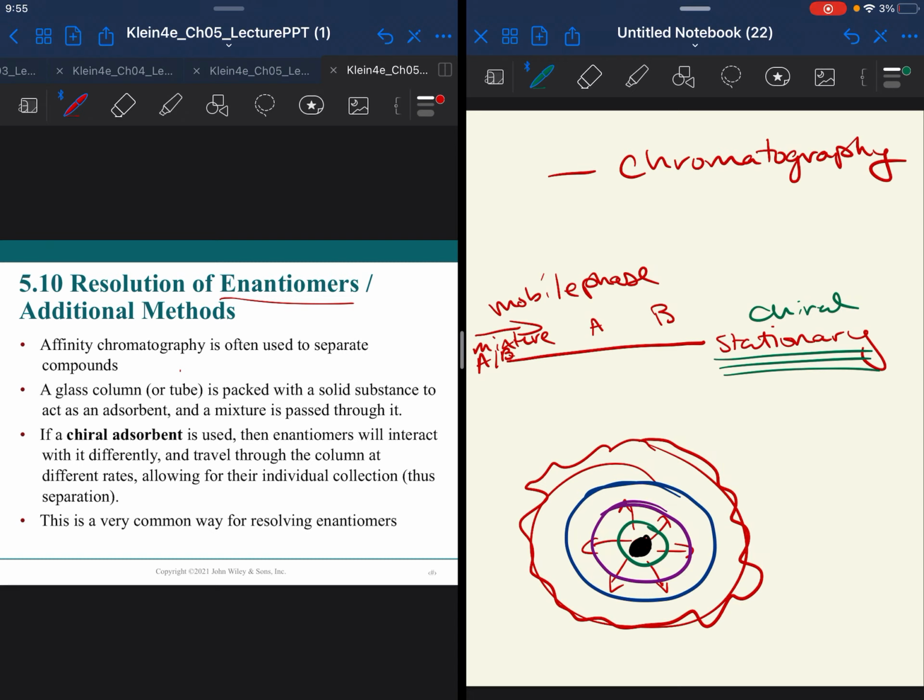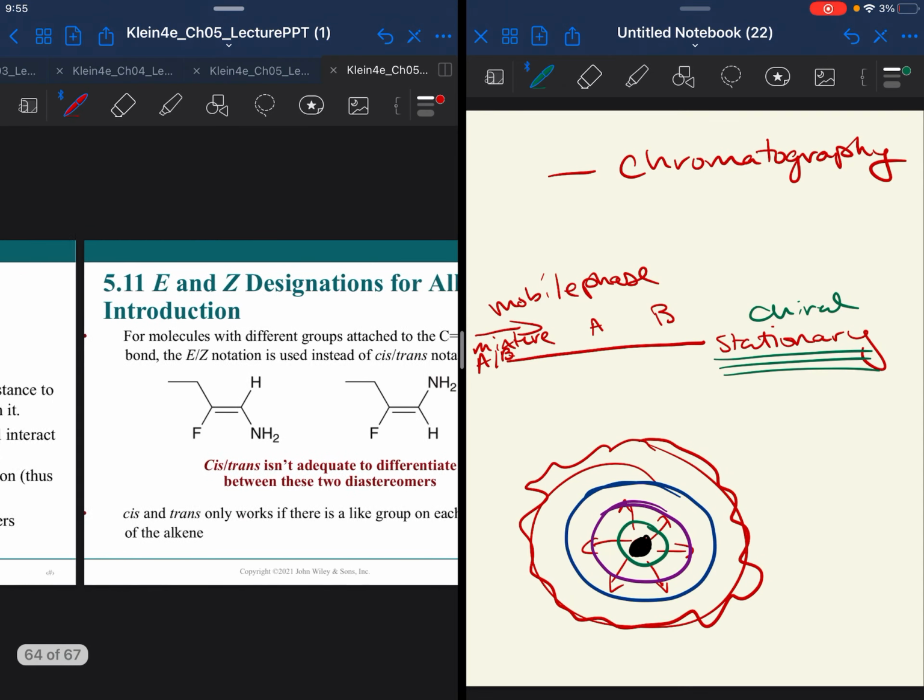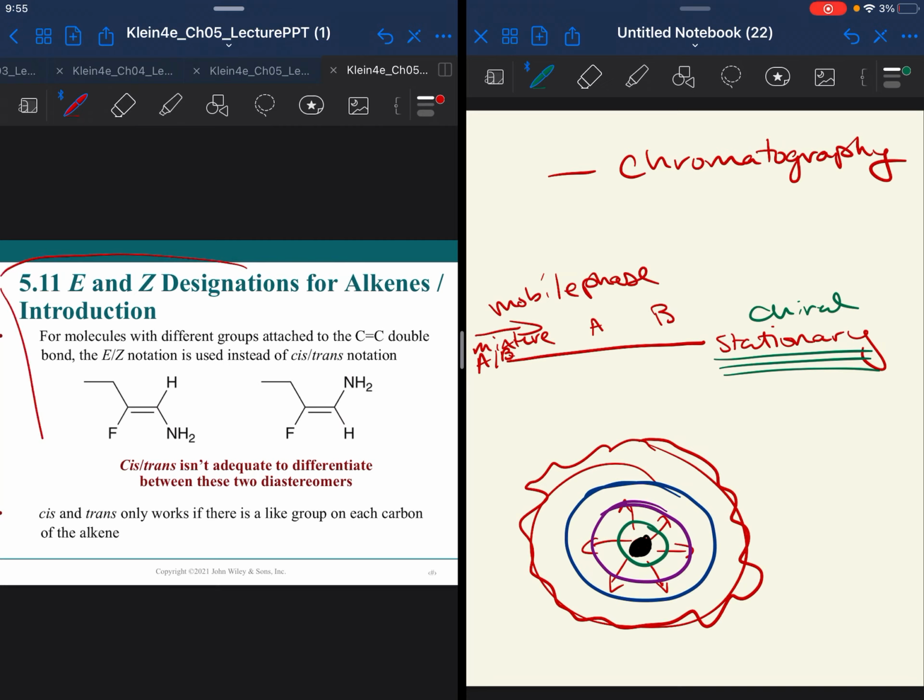And so your enantiomers will spend more or less time interacting with that chiral stationary phase, and you will be able to separate them. That is, if you work with a lot of enantiomers and you need to separate them, chiral chromatography is great, and it is a big time saver.